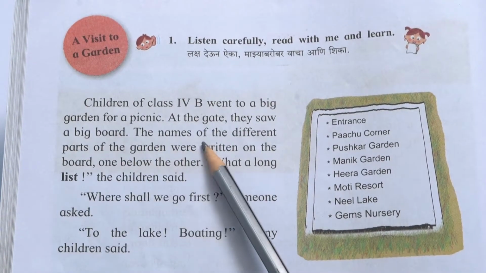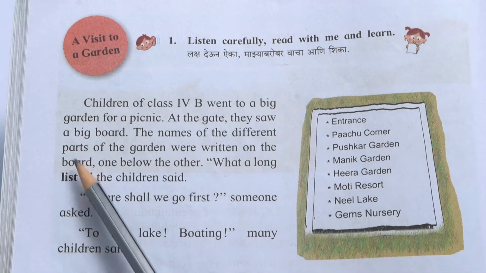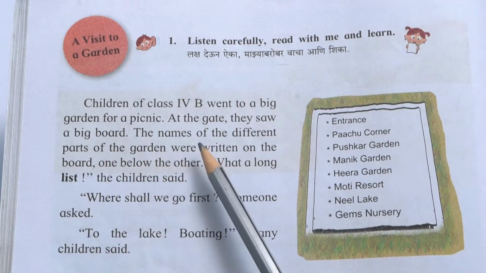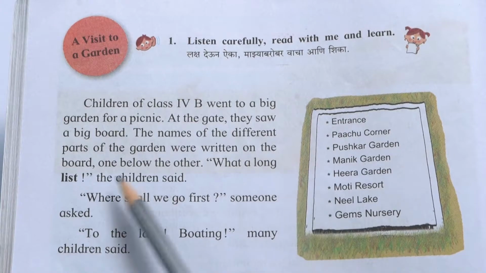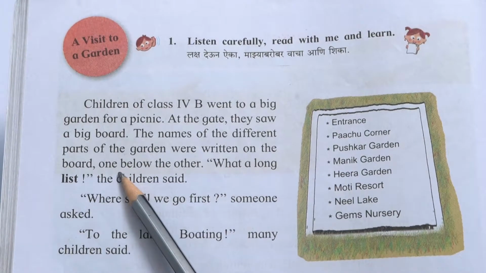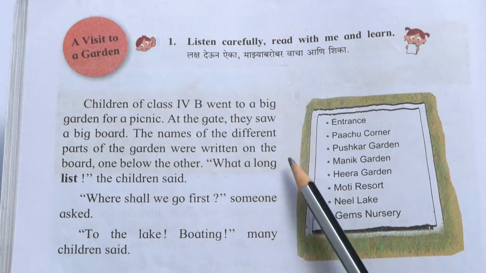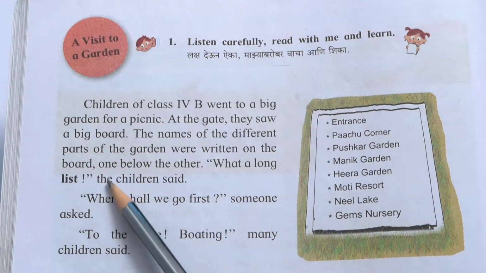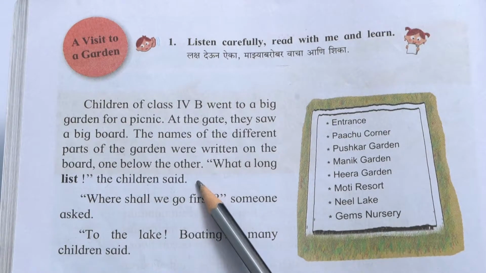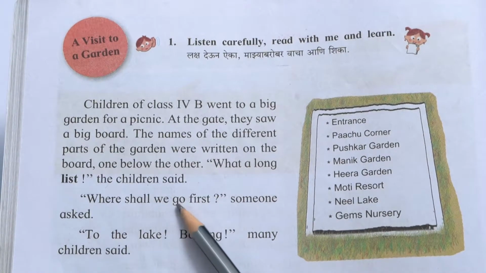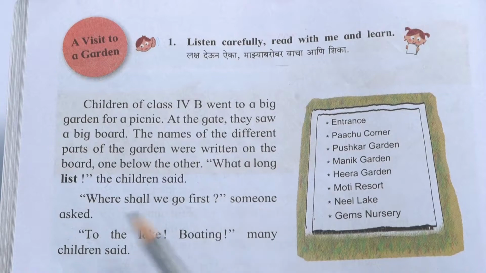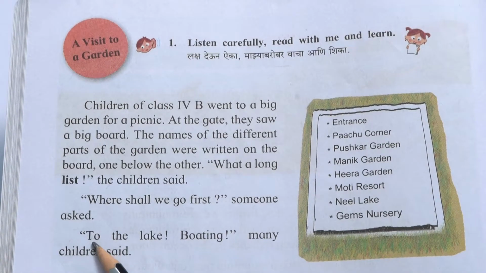The names of the different parts of the garden were written on the board, one below the other. What a long list, the children said. Where shall we go first? Someone asked. To the lake. Boating, many children said.